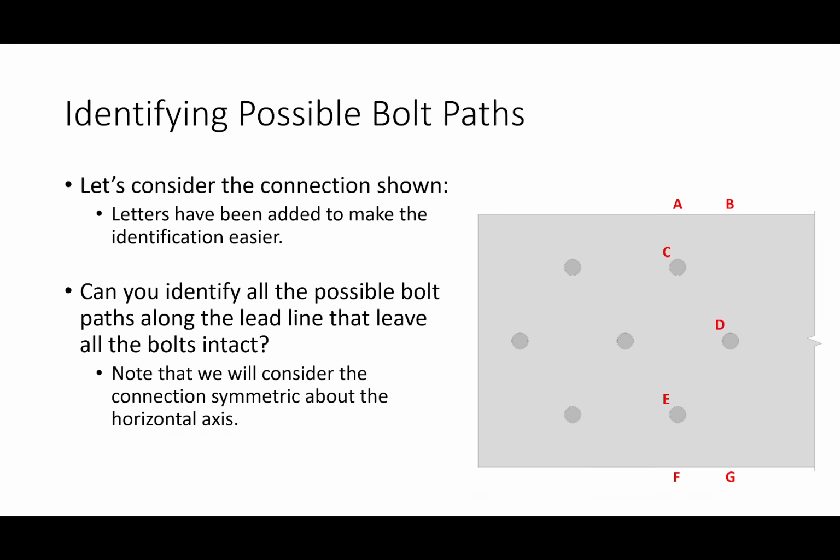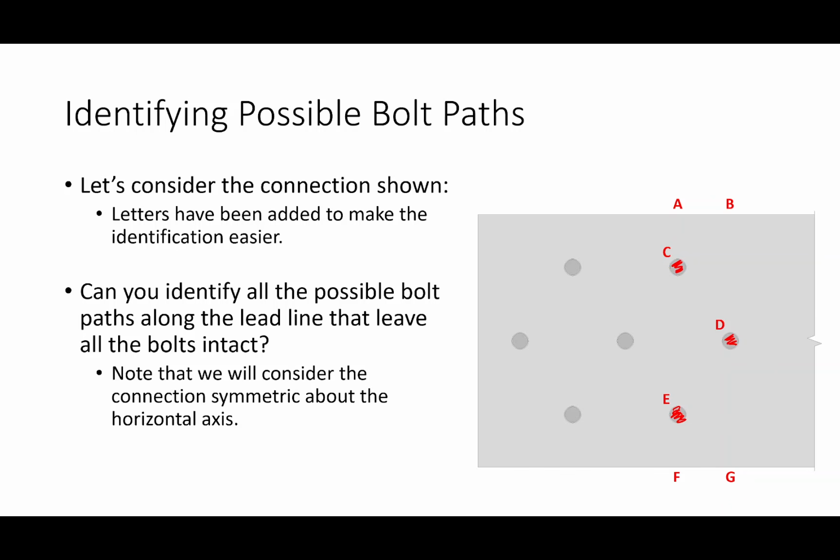Okay. So here's what I mean when I say identifying all possible bolt failure paths. Okay? So let's consider this connection. And by the way, the main body of the member, the gross section of the member, is all the way over here to the right, okay? So what I'm going to say is that bolts C, D, and E are the bolts on the lead line.